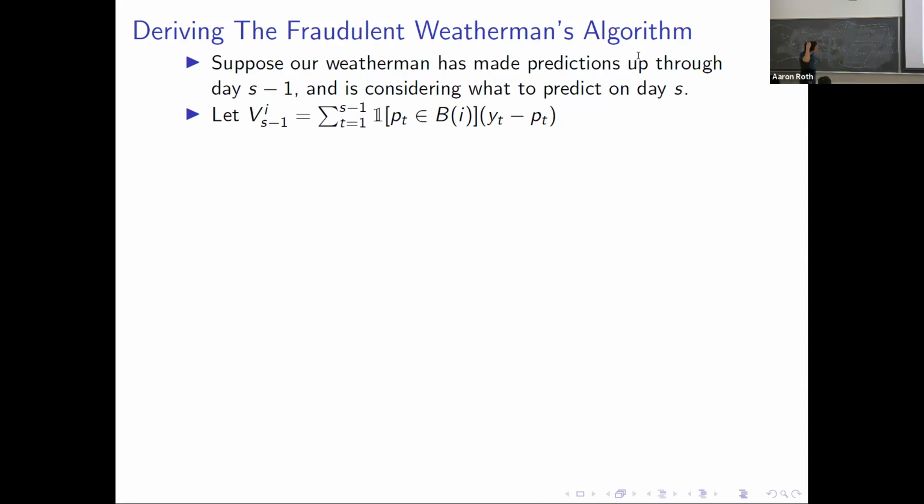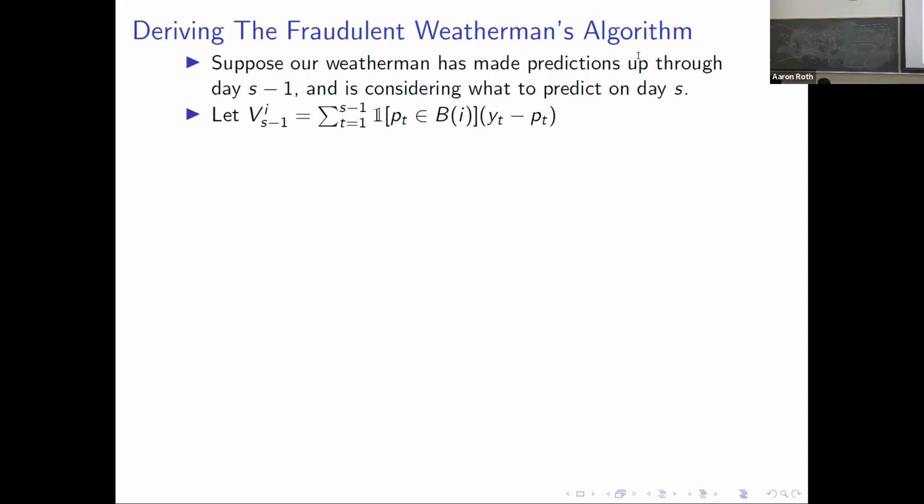It's the sum over all of the days for which I made a prediction in bucket i, for which I predicted an i% chance of rain, of the difference between the actual outcome on that day and my prediction. If I'm doing a good job, for every bucket i, this thing should be about 0. On average, my predictions should have been correct.